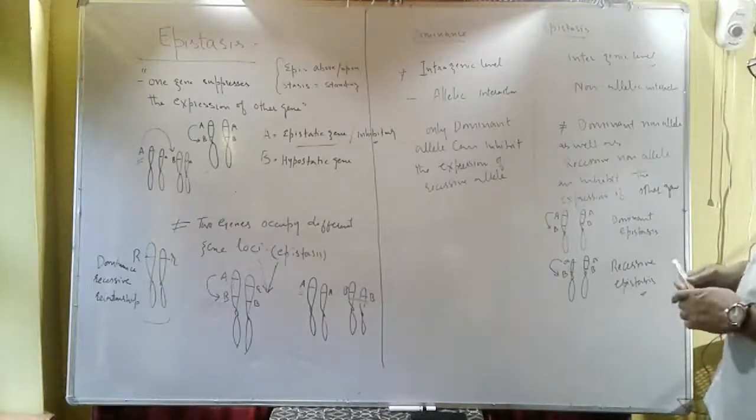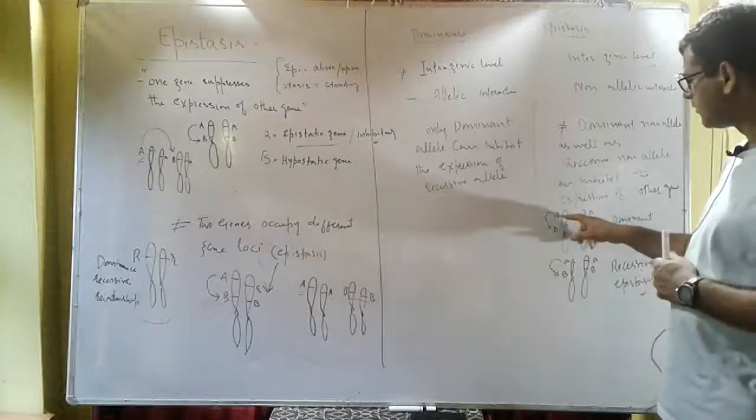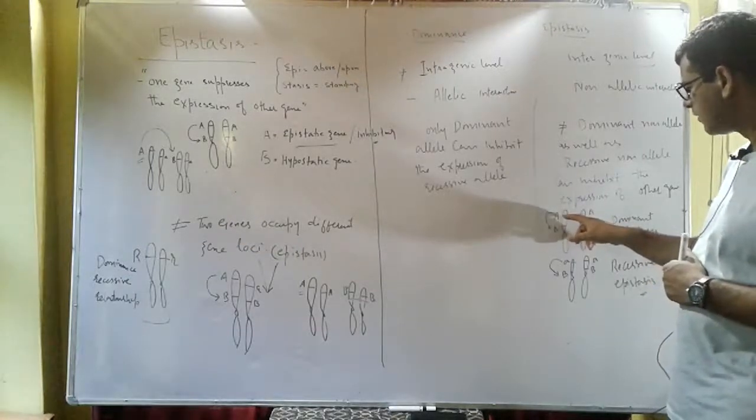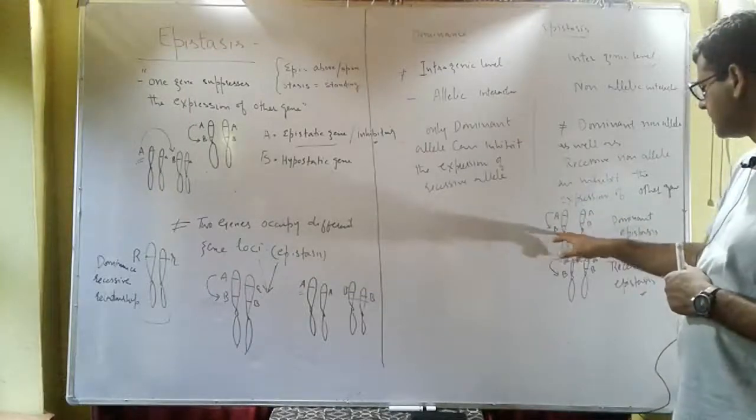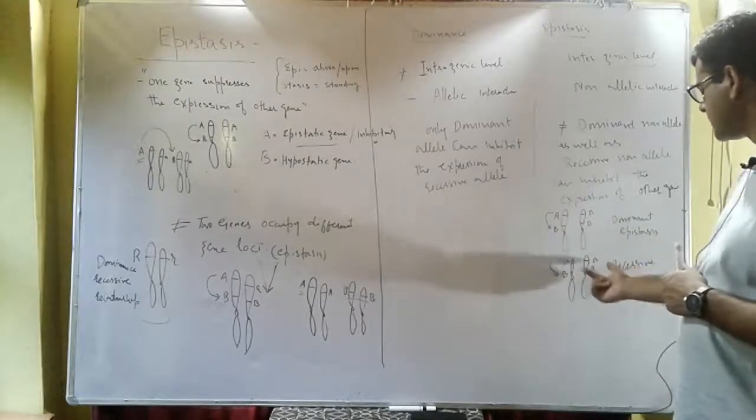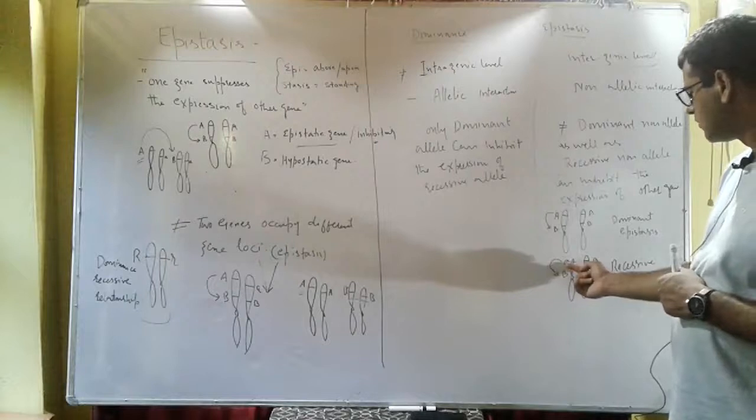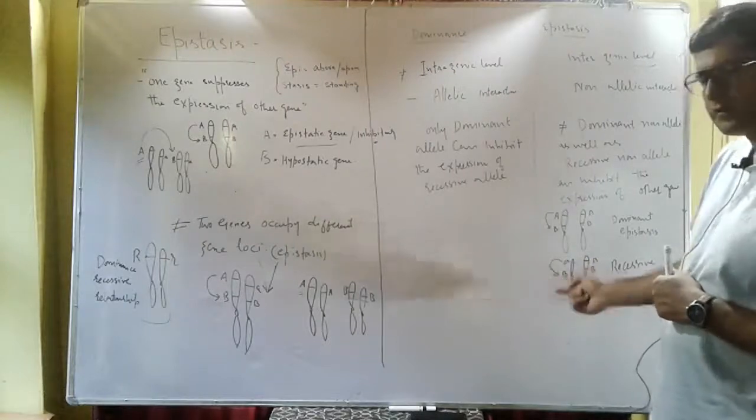So in case of dominant epistasis, the dominant allele inhibits the expression of the other gene, whereas in case of recessive epistasis, the recessive allele inhibits the expression of the other gene.